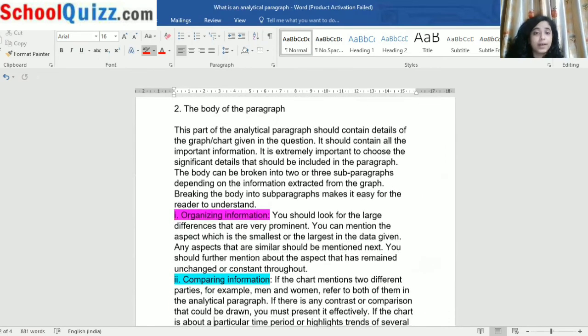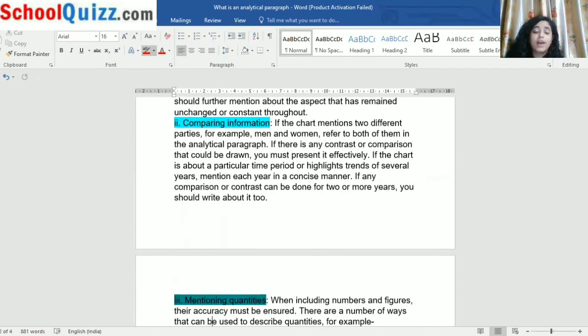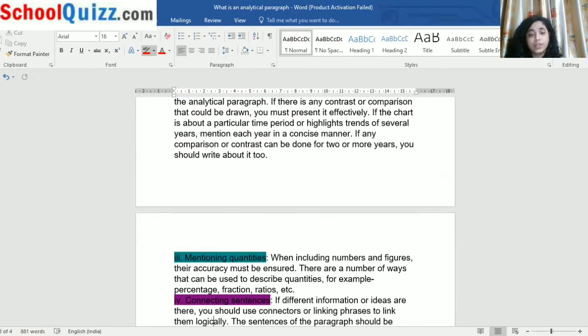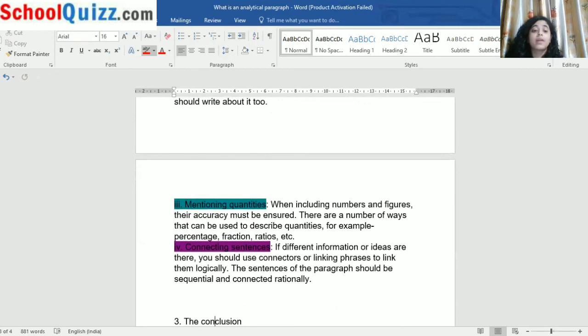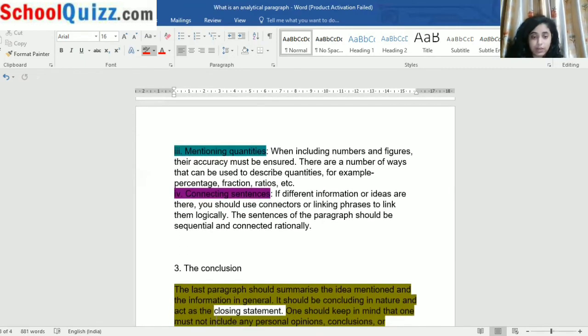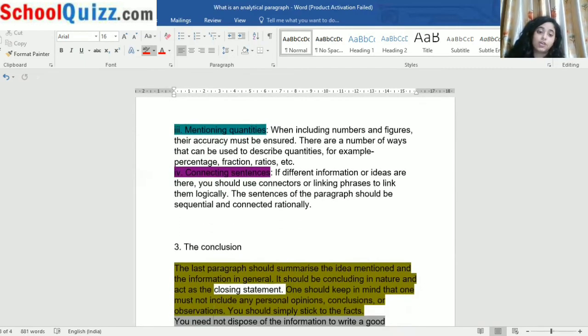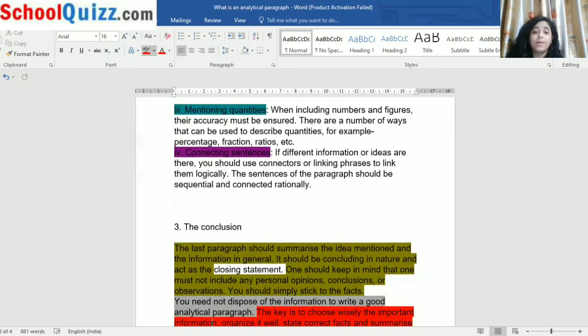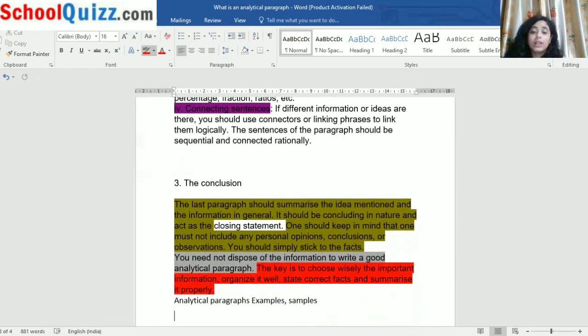Then we have to compare the information. Then we have to mention the qualities, quantities, whatever is given. And the last is connecting sentences. We have to connect the sentences. And in the conclusion, we can use the closing statement. The key for writing overall is to choose wisely the important information about the passage or the topic, organize it well, state the facts correctly, and summarize it properly with the help of the closing statement.